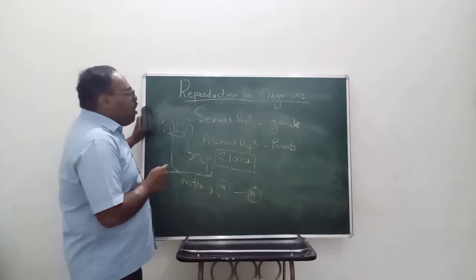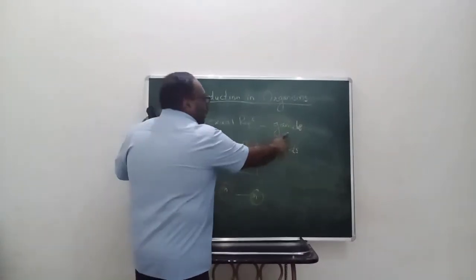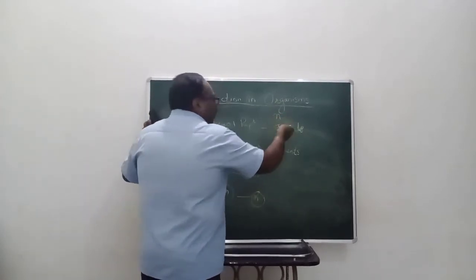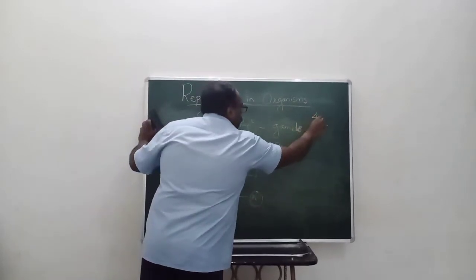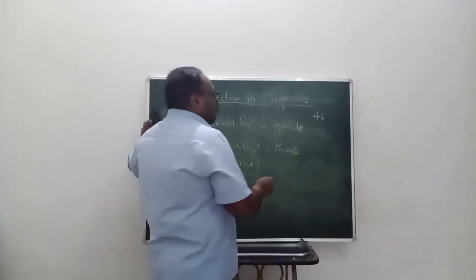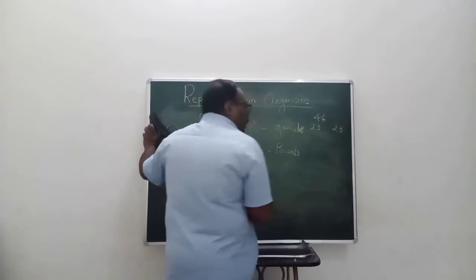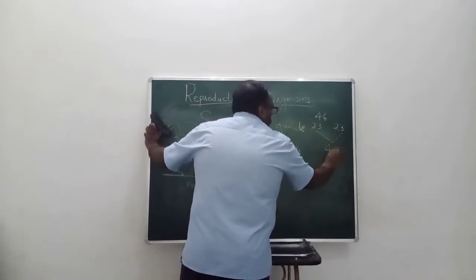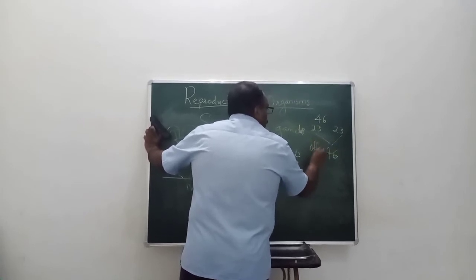And what is the advantage of sexual reproduction? Since male and female are coming together, for example, humans have 46 chromosomes. When gametes are formed, they are formed with 23, 23, and these 23 and 23 will mix together and form 46, which is an offspring.